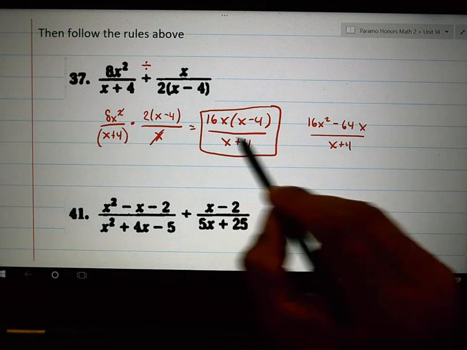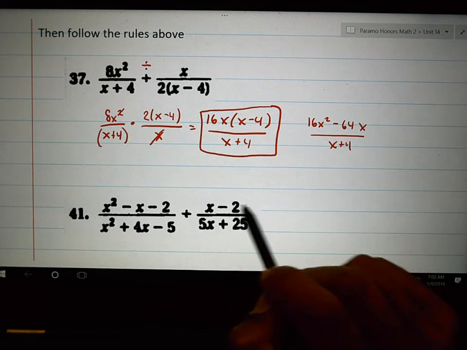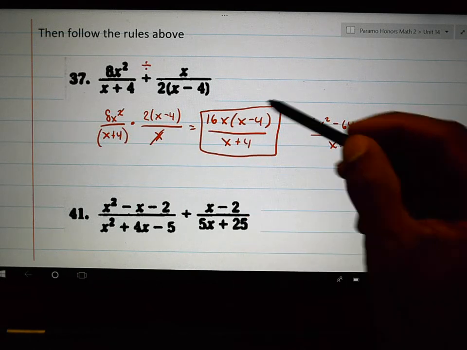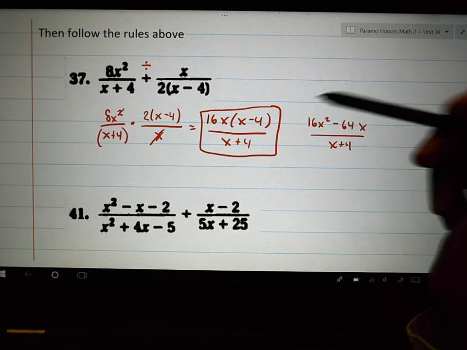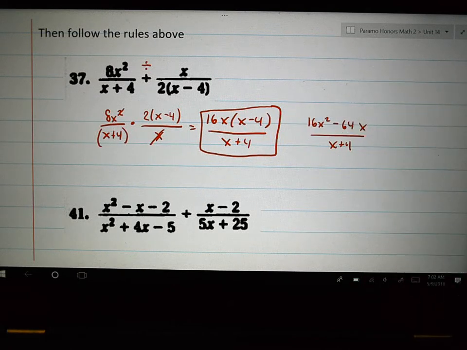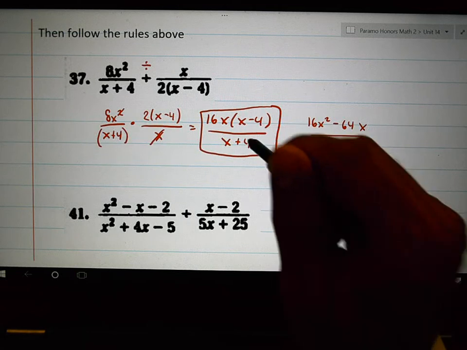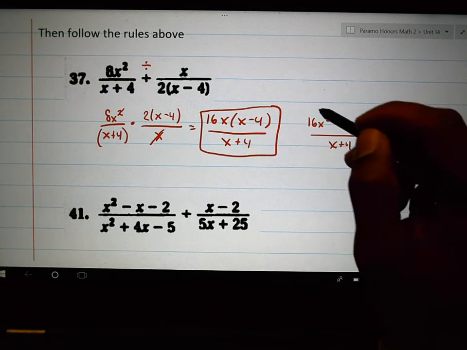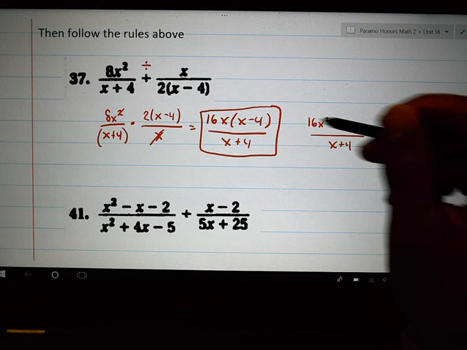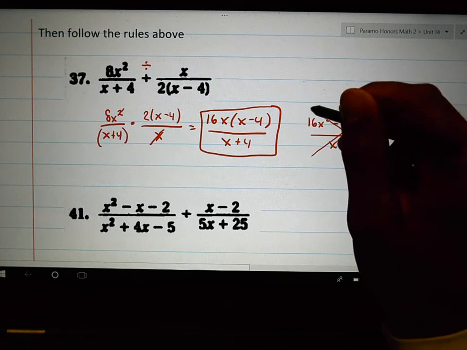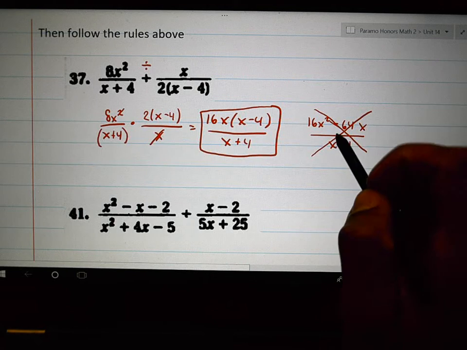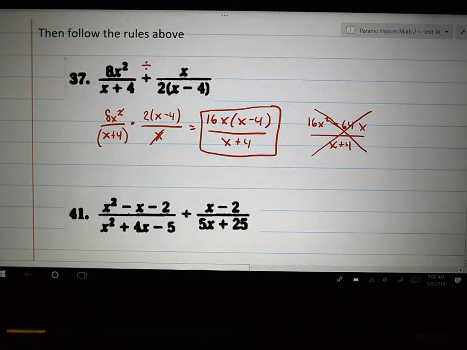The GCF is that. If this is factored form, you're going to be able to see what can reduce and what can't reduce, which is why I prefer you to leave it in this form. This just goes to show you that by going further, sometimes you might get lost, or you might make an algebraic mistake and think you can do something when you can't. This is why I prefer leaving it in its factored form.